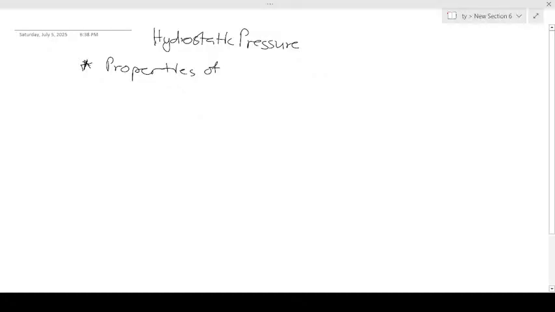So it doesn't matter if it's passing through a medium like this or through a medium like this. Once their heights are the same in both of them, in 1 and 2, the pressure is going to be the same at the same point. In both of them, it's going to be the same pressure.